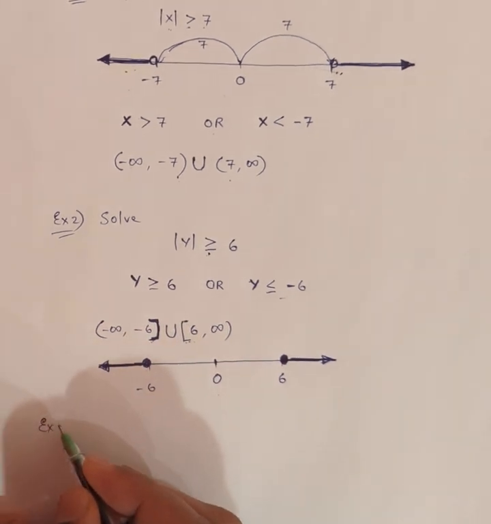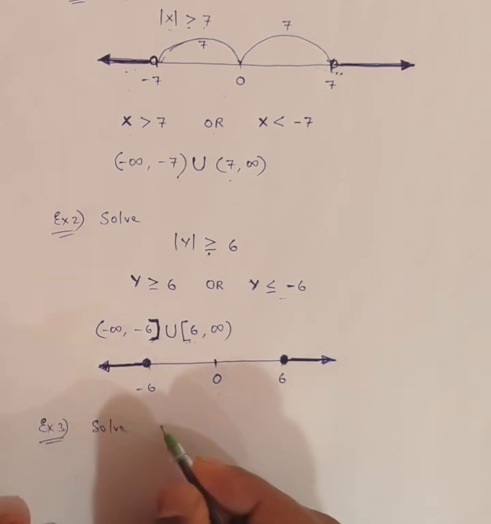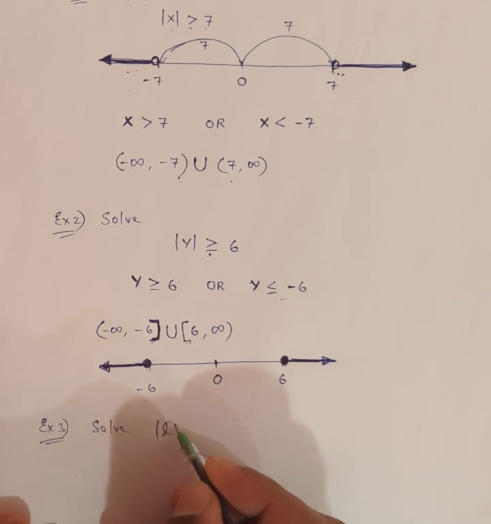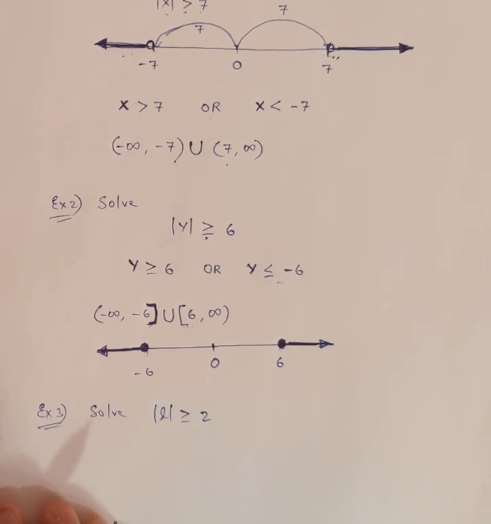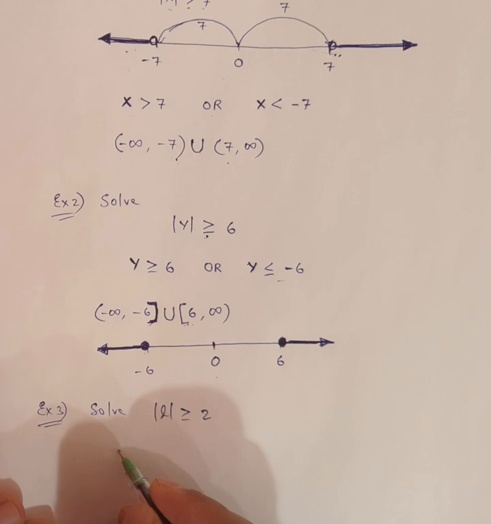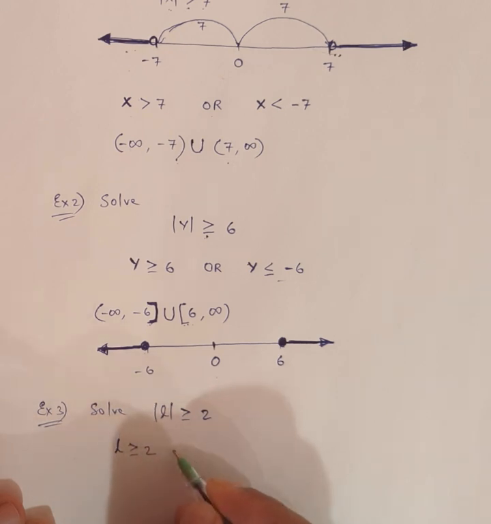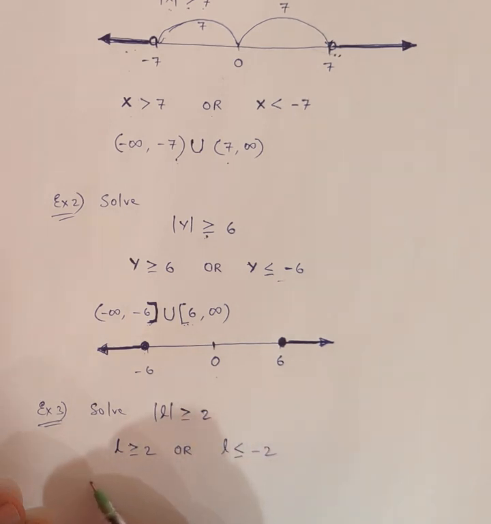Example 3, I'm going to say solve absolute value of L is greater than or equal to 2. If I want to write down the solution, I'm going to write two separate parts. So the solution is simply L greater than or equal to 2 or L less than or equal to negative 2. And let's graph them both.